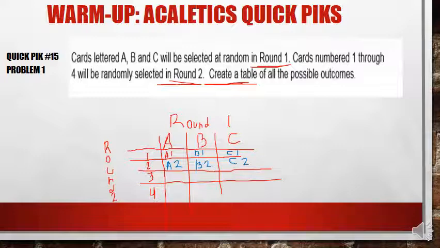I'm basically going down to A, doing all the 1s, then I'm doing all the 2s. You don't have to do that. You can do them going straight down from the A. So this is going to be A3. And then if you wanted to keep going down, this would just be A4. You can do it that way as well. It doesn't really matter which way you choose to do it, as long as you're making sure you're connecting every round 1 option with every round 2 option.